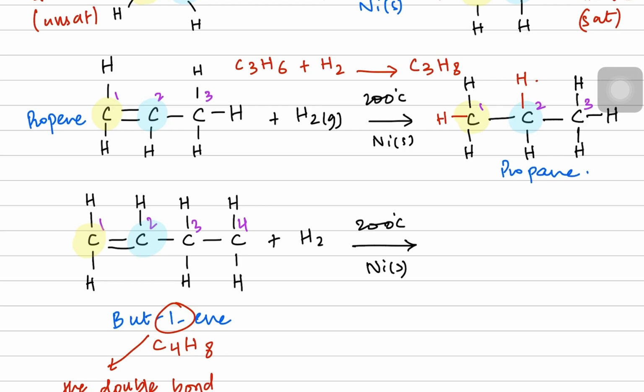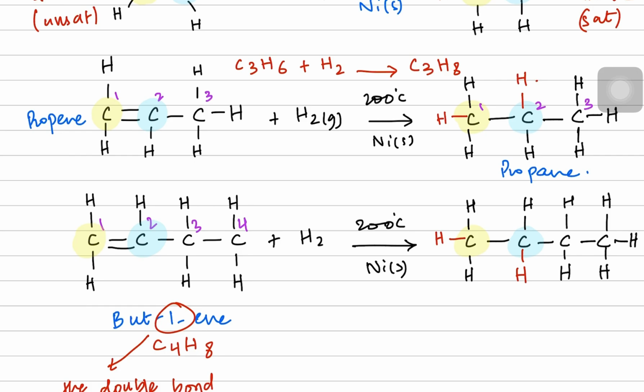The 4 carbon atoms will still be in an unbranched manner. My yellow carbon and my blue carbon are still here. The yellow carbon still has two hydrogens, the blue one has one hydrogen, and the other two carbons have all their hydrogens around them. You will add one hydrogen on carbon 1 and another hydrogen on carbon 2. The angles don't matter.